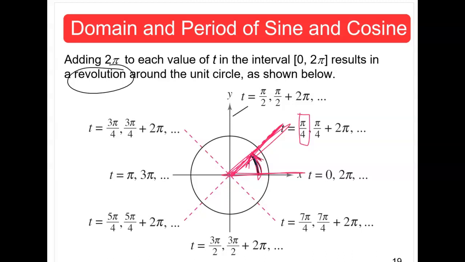Now if we go one full rotation, so 2 pi, and then another pi over 4, that number is pi over 4 plus 2 pi, and 2 pi in fourths is 8 pi over 4. And so that one will be equal to 9 pi over 4.